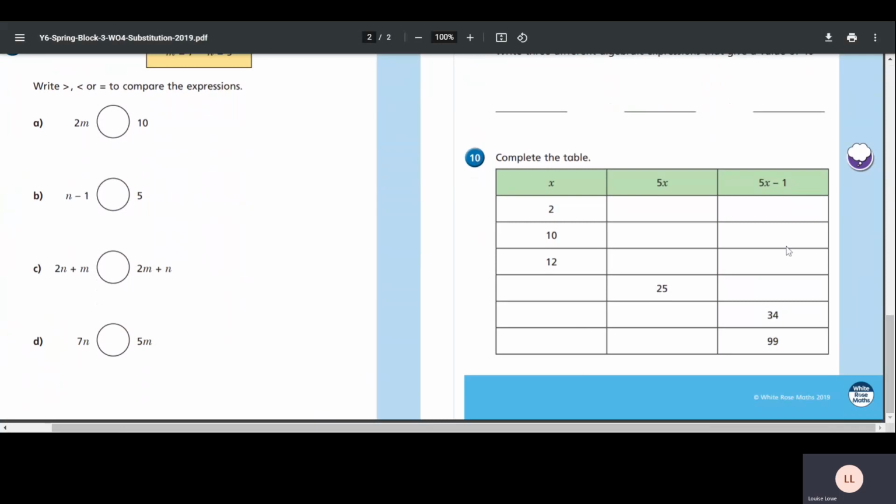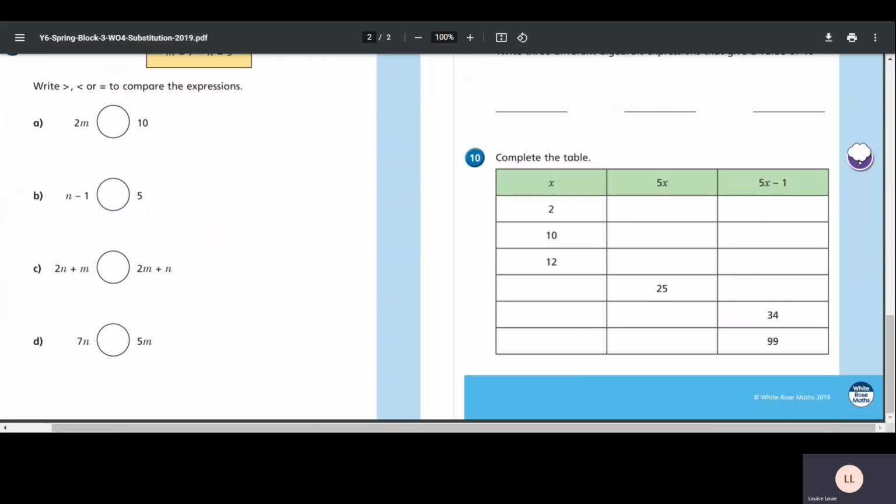Okay, if you can see that here, look, I'll circle it. So if x equals 2, then in your next column, substitute the x for 2, be 5 times 2. So you would put 10 in there. And then over here, 5 times 2, remember we're still in the same row, so x is still worth 2, subtract 1. So 5 times 2 is 10, take away 1 is 9.